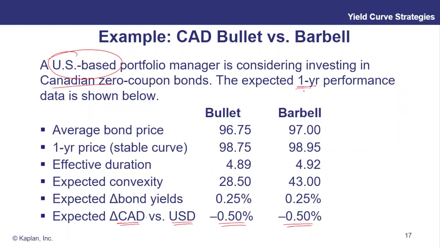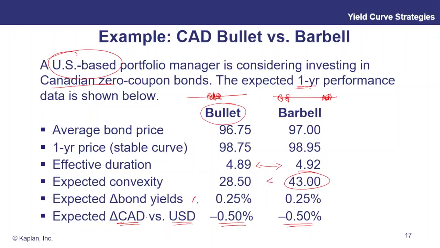The expected 1-year performance data is shown below, so average bond price, and we're comparing a bullet where cash flows are intermediate in the middle, with a barbell where cash flows are spread out in long dated and short dated maturities. And the major difference between these two portfolios, if they have a similar duration, which they do, in terms of their risk is going to be convexity. The barbell with its more dispersed cash flows is going to have a higher convexity, as we can see there.